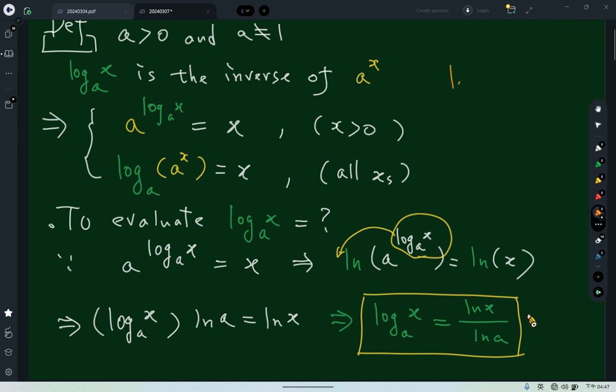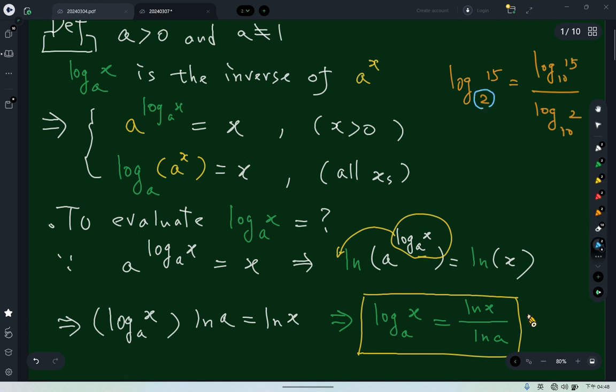I believe you also learned that, for example, log base 2 of 10 can be changed into log of 10 over log of 2, right? So you can see the base changes from 2 to another base. There is a very similar result.